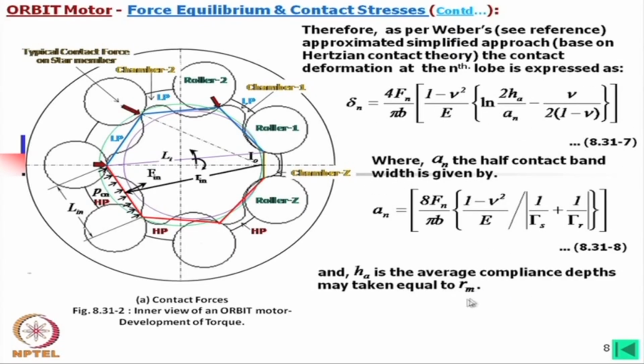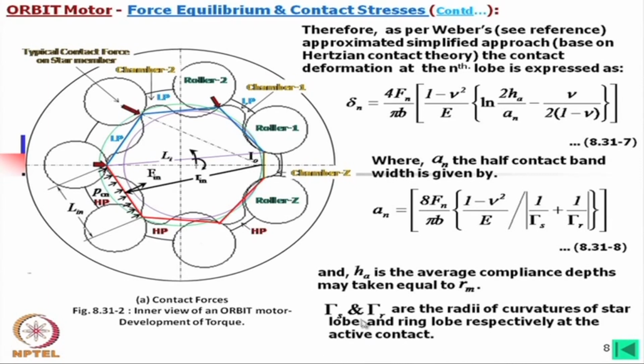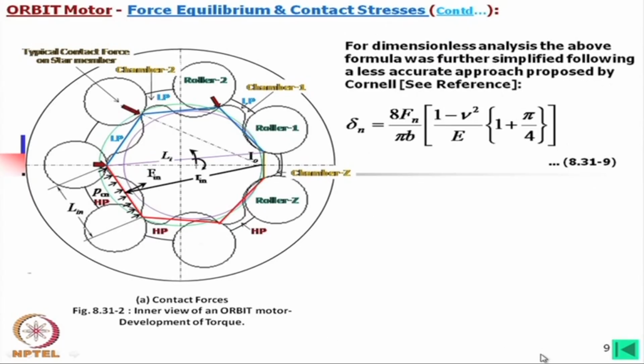So, it is reasonably good to assume this H A is equal to R m. So, in all calculations we consider this is equal to R m. This radius I have already explained to you, radius of curvature.